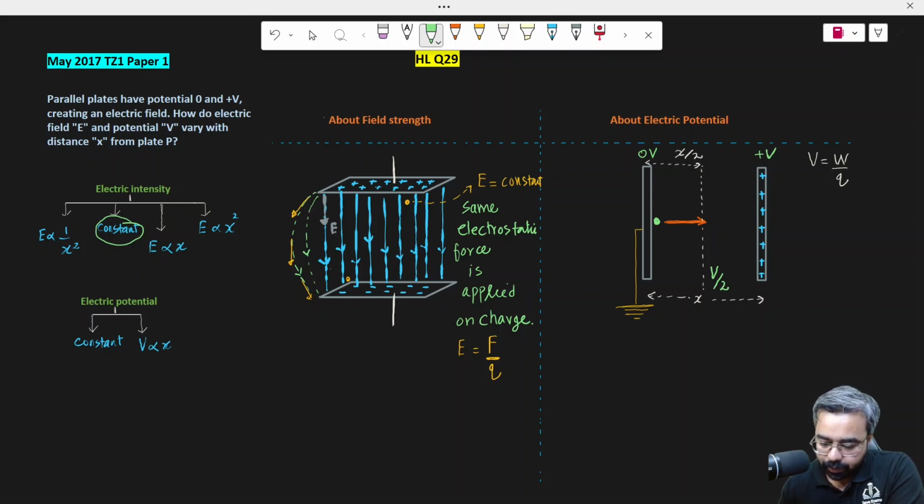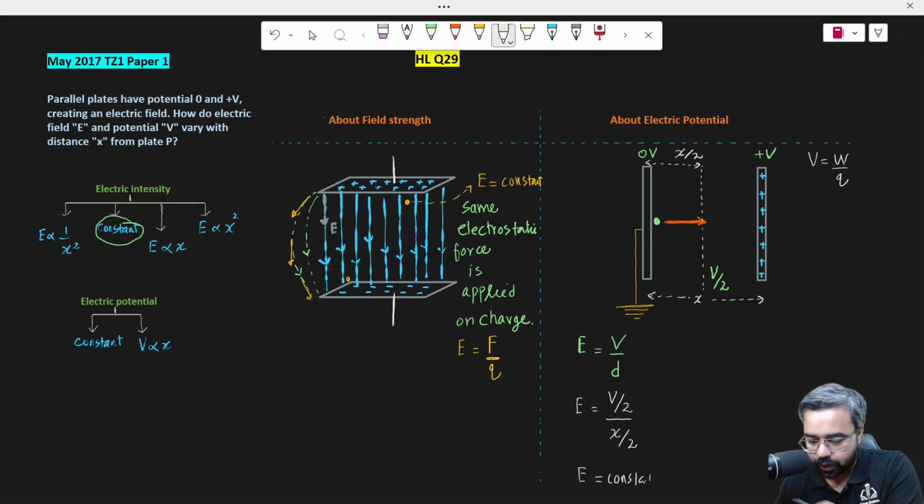So if I try to find E, which is equal to V over d, generally speaking, according to your IB data booklet. If you apply this equation, in the middle, since the potential is half and the distance is half as well, the electric field strength is still the same.